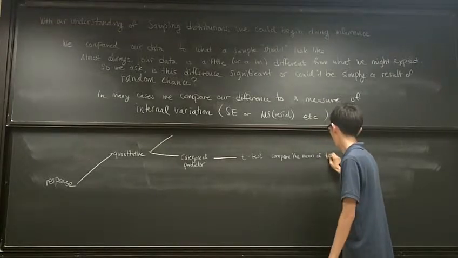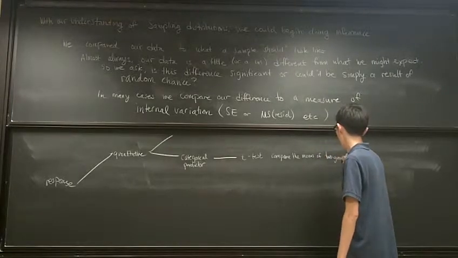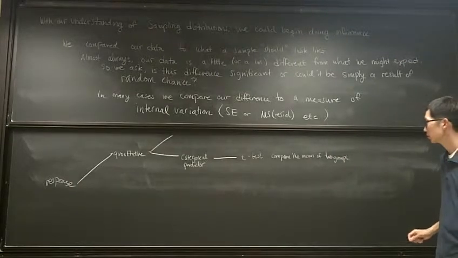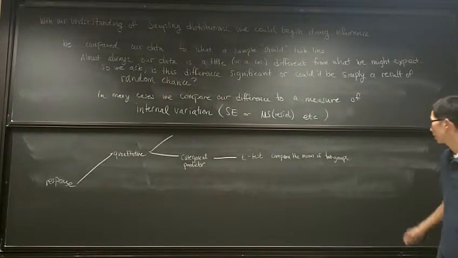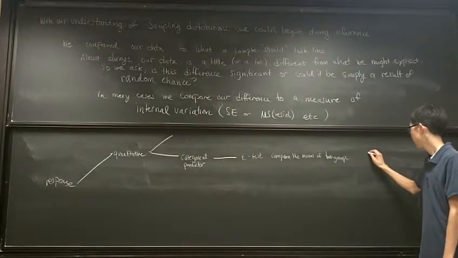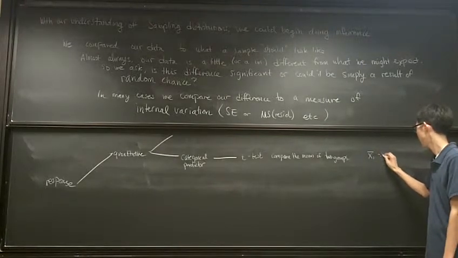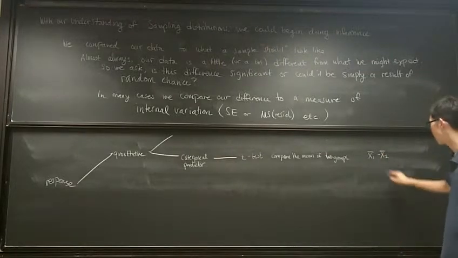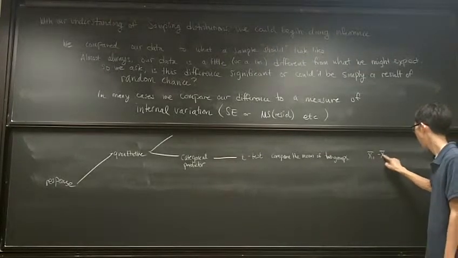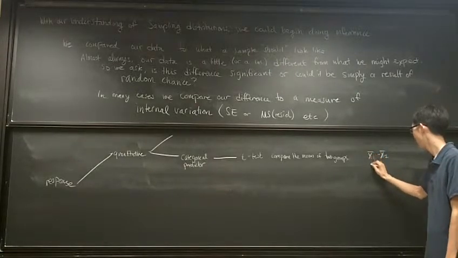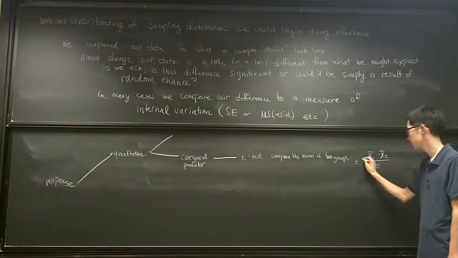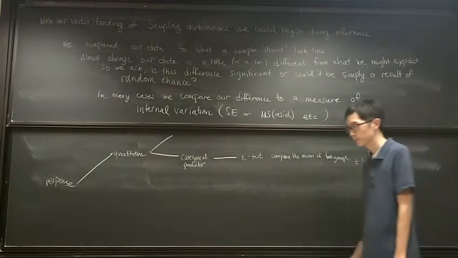Okay, t-test. So we compare two groups. Basically, we're just taking the difference between the x bars or y bars and dividing it by the standard error. That was our t-statistic for the t-test.